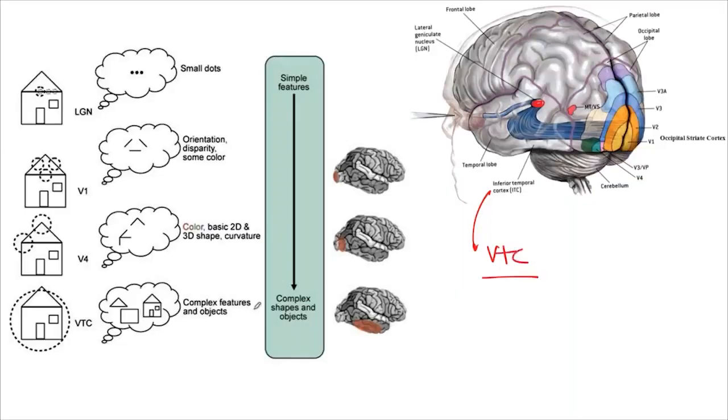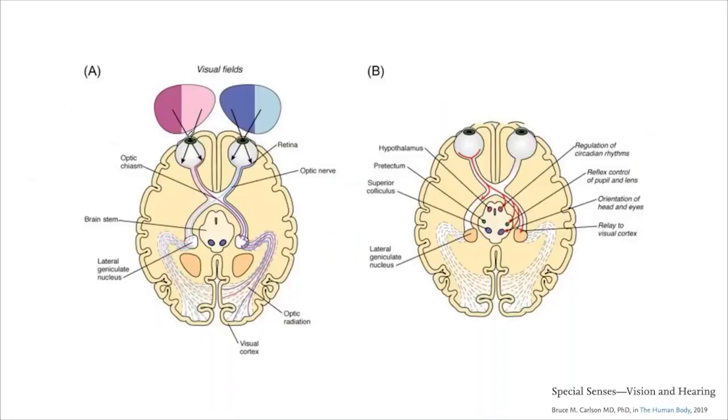Then in the ventral temporal cortex, we have objects and features. So that is how the information is being represented in different layers, from V1 to V2 to V3. So it goes through the process, but the image format is different in different layers.